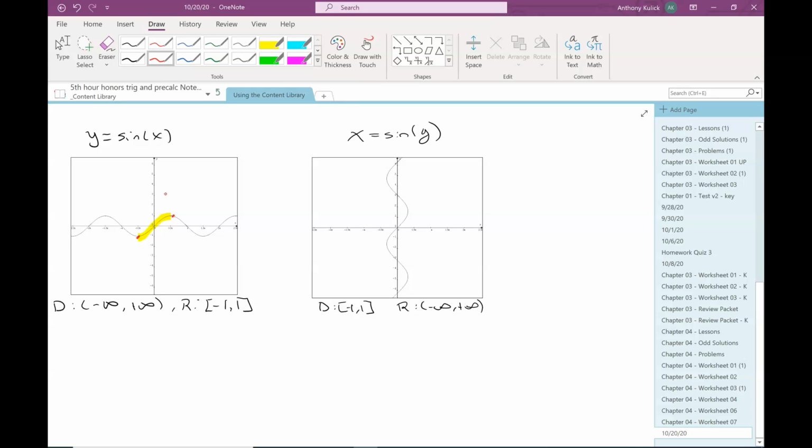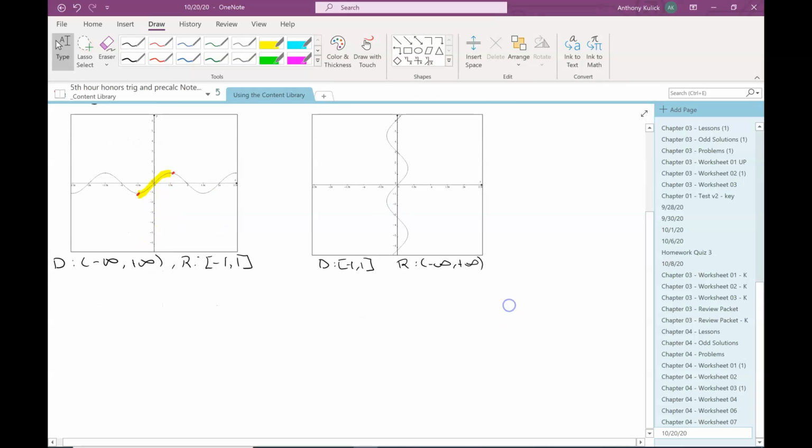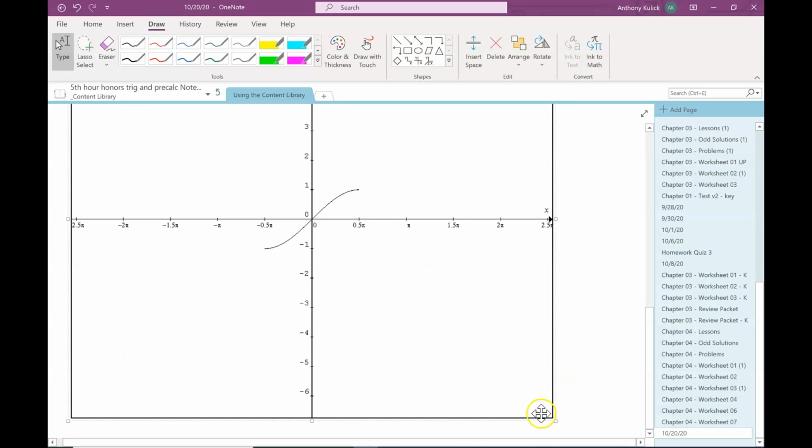But we don't have any duplicating y values by just taking that small section of the function. So when we do that, our graph will look like this.